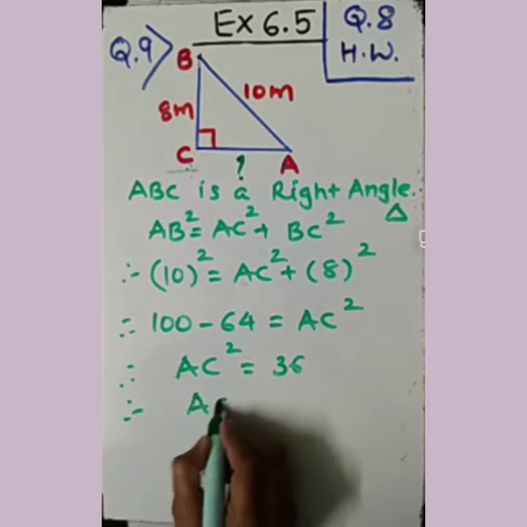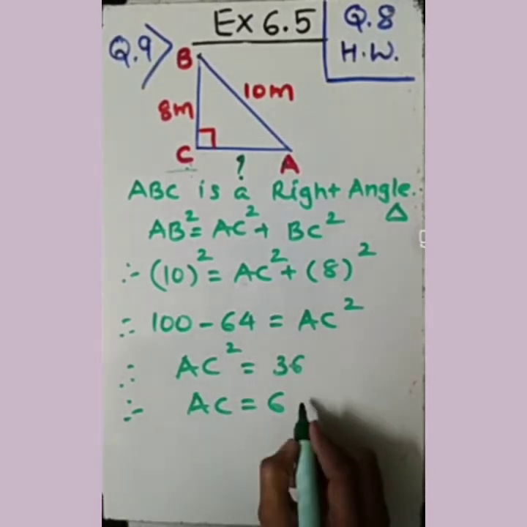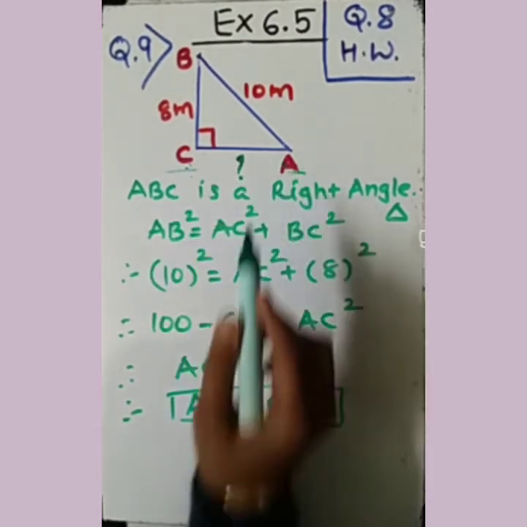So, of course, AC will be 6 meter or centimeter? It is given in meter. So AC equal to 6 meter.